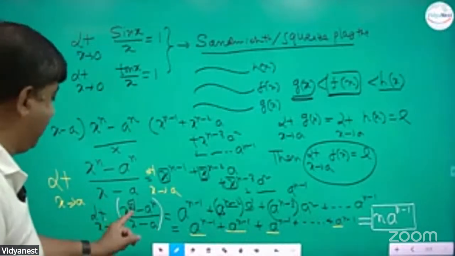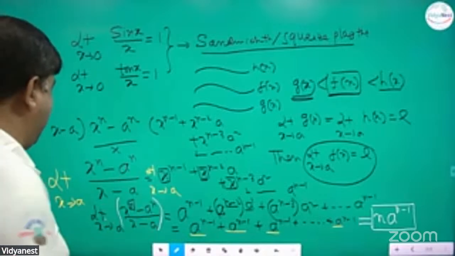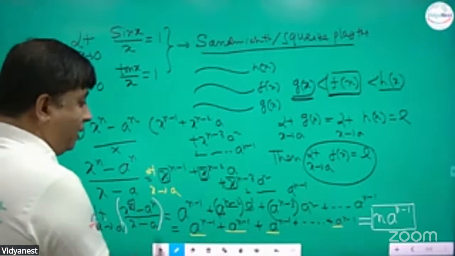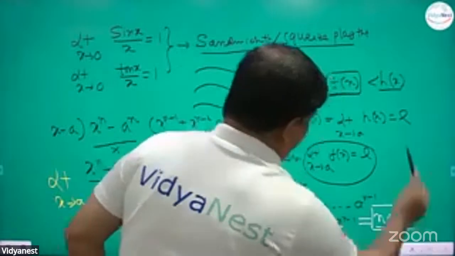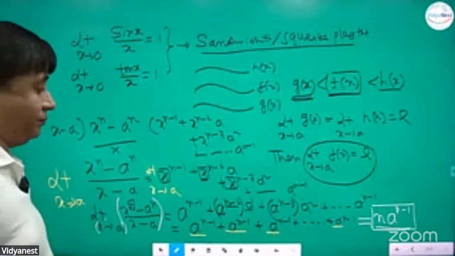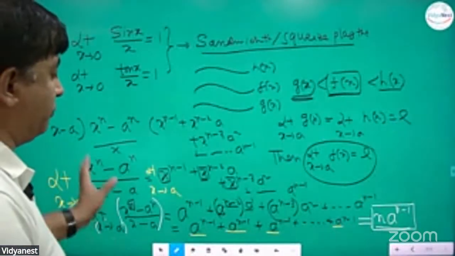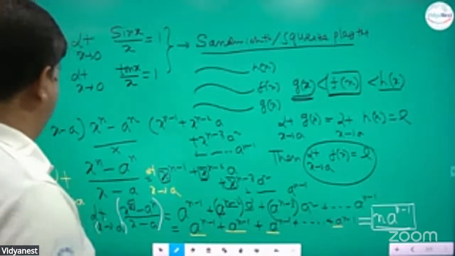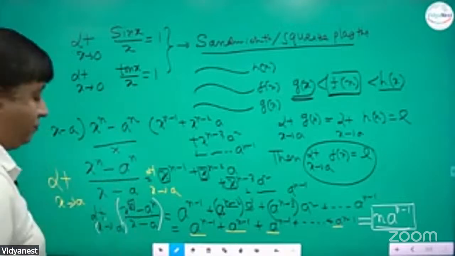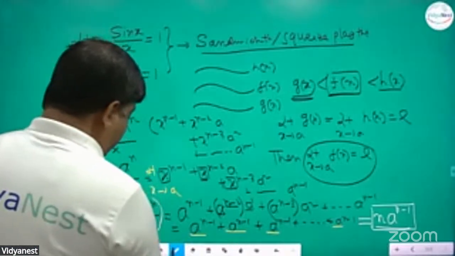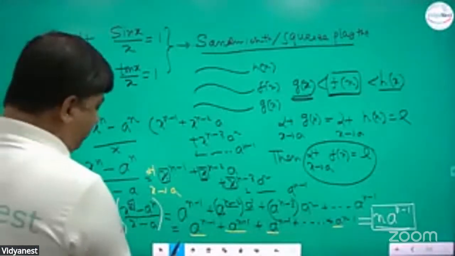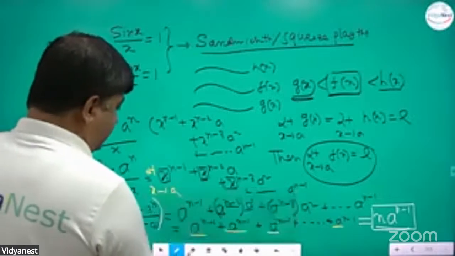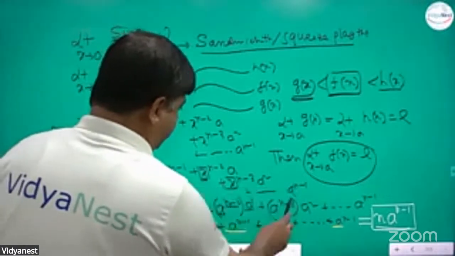Limit x tends to a of (x^n - a^n)/(x - a) results in n a^(n-1). Hope you could follow. It is nothing but for division. Now, one simple use of this formula.